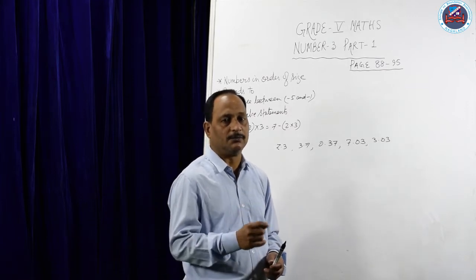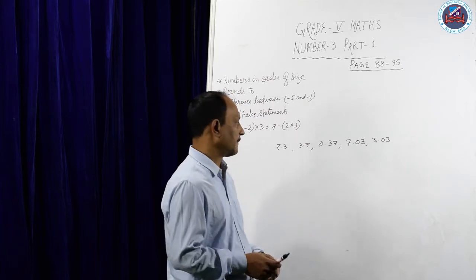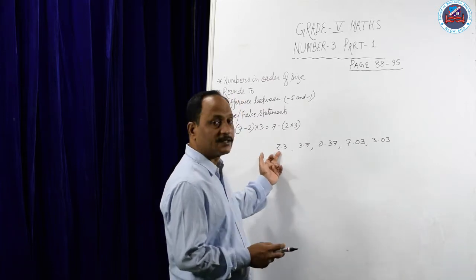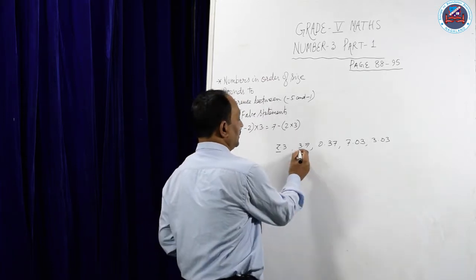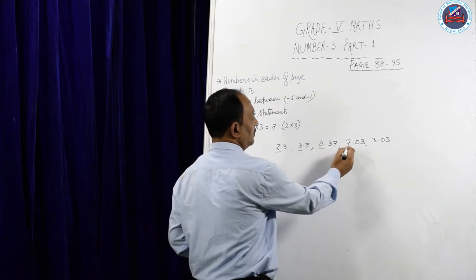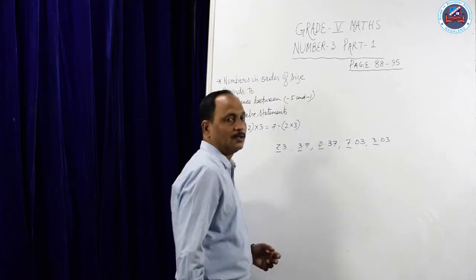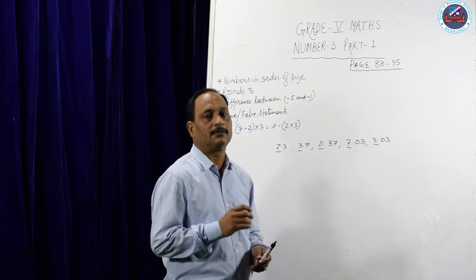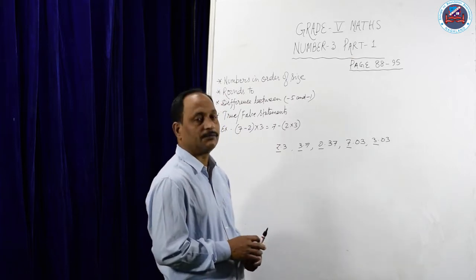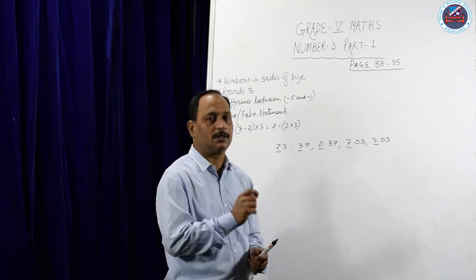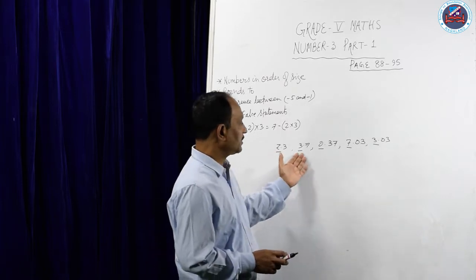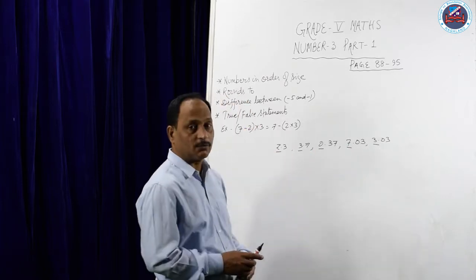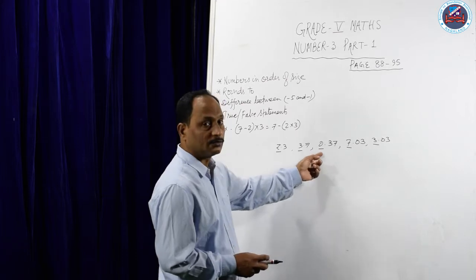We have to see the whole numbers first. Here is 7, here is 3, here is 0, here is 7, here is 3. Suppose we are starting from smallest to greatest. So we are going to see the smallest number. Between all these 5 numbers, which is the smallest? That is 0.